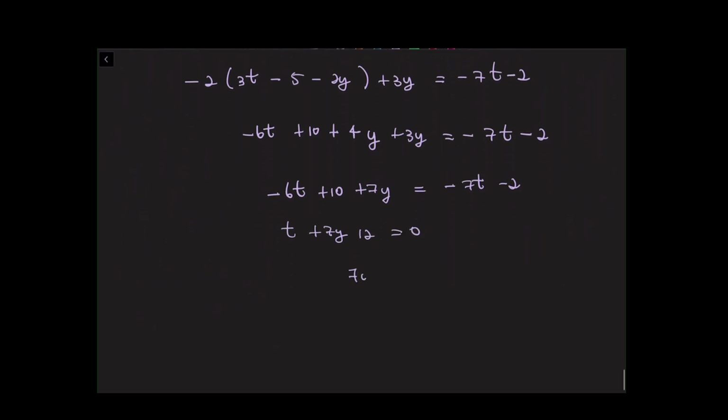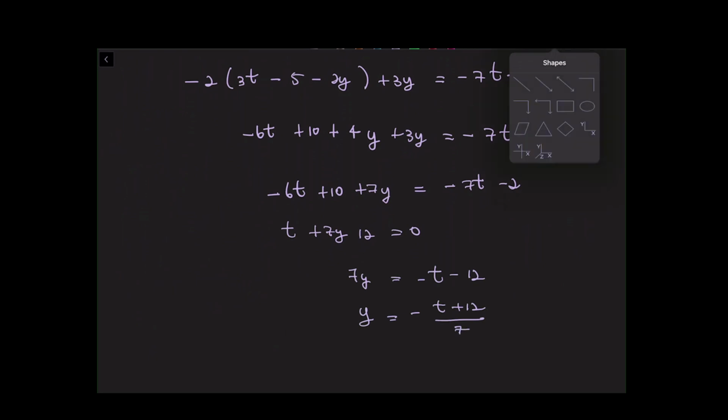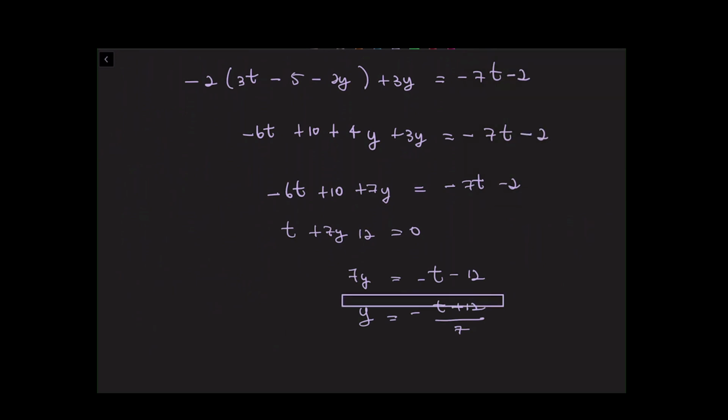So 7y now is equal to negative t minus 12, which means y is equal to negative into t plus 12, I just separate the signs, upon 7. So now we have y. Now substitute y is equal to negative into t plus 12 upon 7 to get x.